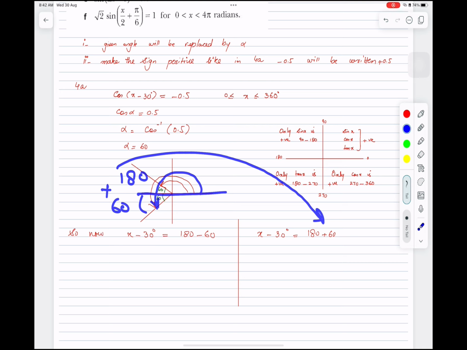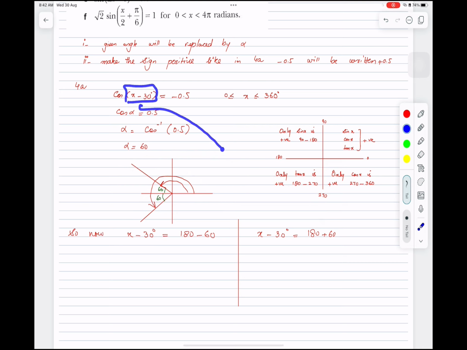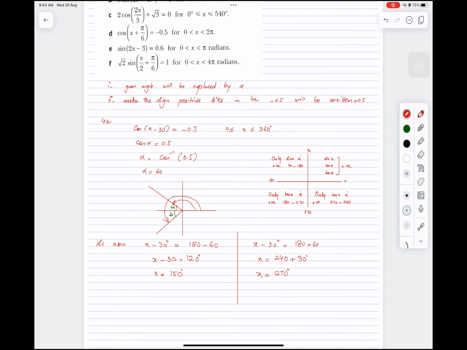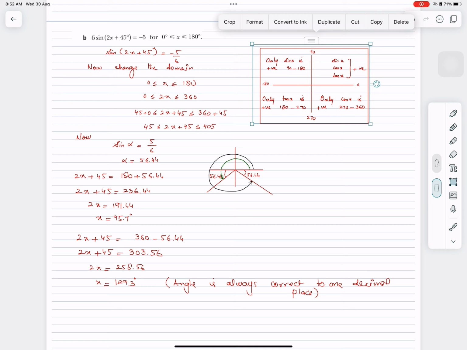Again we have written x minus 30 as this was the original value. Now if you simplify, you will get the value of x. The first possible answer is x is equal to 150 degrees, and the second is 240 plus 30, that is x is equal to 270 degrees. You can also put this value in the original equation and it must satisfy the equation. And this is the solution of part B.